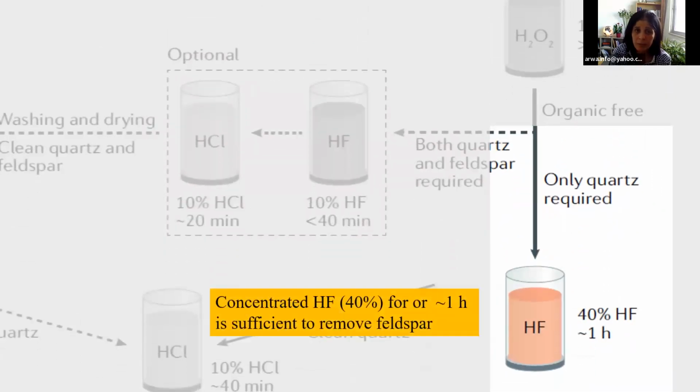The next step is either separating feldspars from quartz, or, if we only want to use the quartz, we go directly to cleaning the sample with 40% HF. The 40% HF can directly remove any feldspars in the sample.